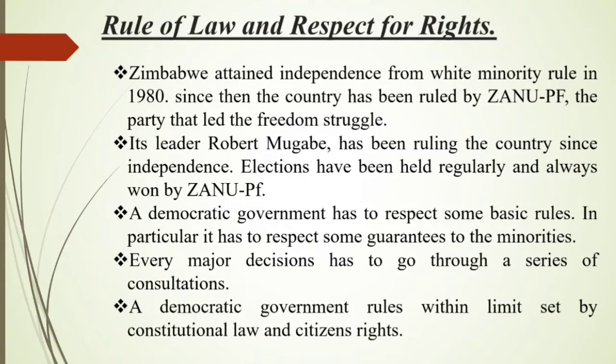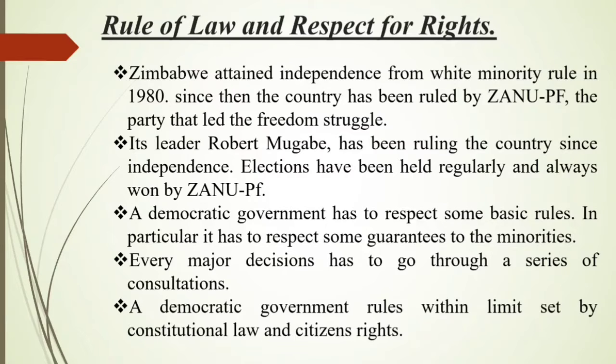Rule of law means the country must be ruled by the constitutional law, and respect for rights means the basic rights of the individual, the basic rights of the citizen must be respected by the rulers, by the leaders. Through an example we will be able to understand the meaning of rule of law and respect for rights.